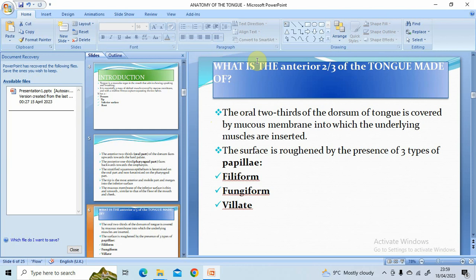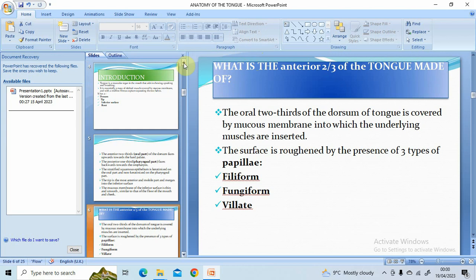Remember I said that the oral part of the tongue is the anterior two-thirds and is covered by mucous membrane. This surface is roughened by the presence of three papillae, which are very important: the filiform papilla, the fungiform papilla, and the vallate papilla.